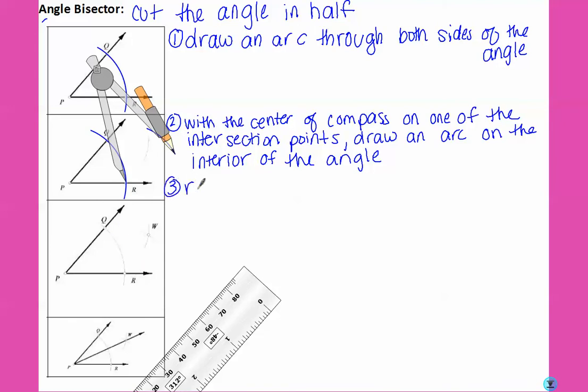Then we're going to repeat step 2 with the other intersection.